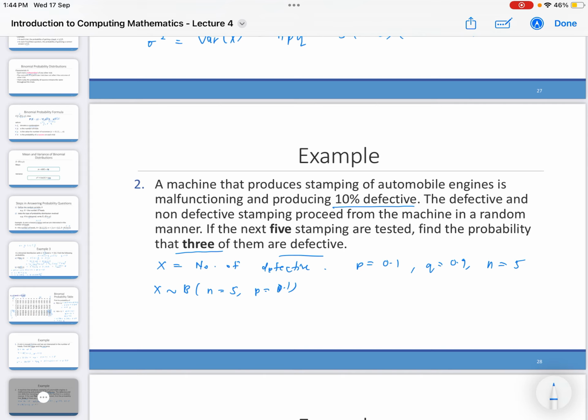So we want to find probability that 3 are defective. So we want to find probability of X equals to 3. So we can use the formula 5 choose 3 and then times 0.1 to the power of 3 and then times 0.9 to the power of 2. So this one we can get the probability equals to 0.0081.